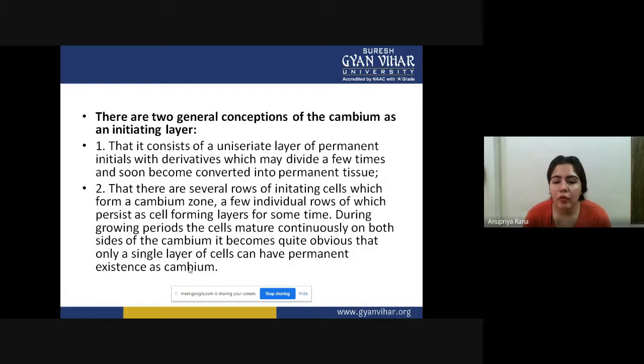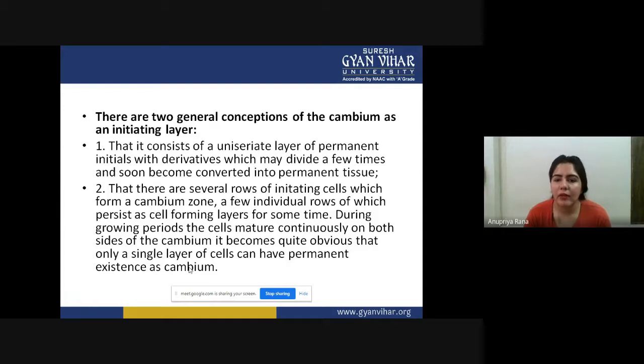It becomes quite obvious that only a single layer of cells can have permanent existence as cambium. Out of all the cells dividing towards the outer or inner side, only a single layer will be permanent and exist as the cambium. So these are the two concepts.